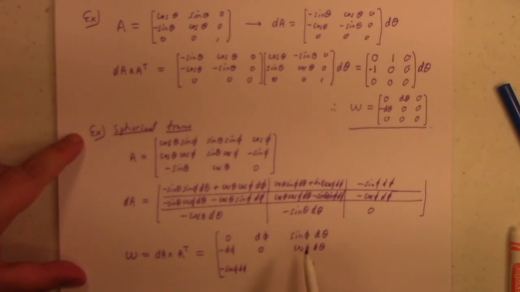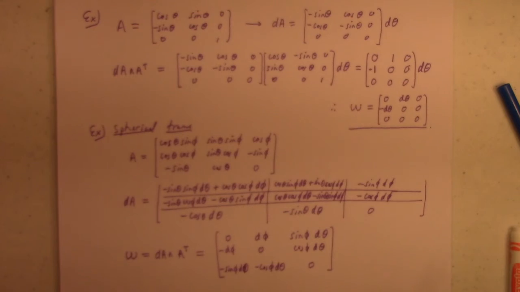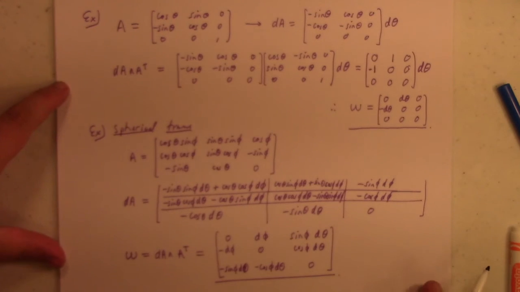Although that's a good check on your calculation. Oops, that's supposed to be theta. You should have antisymmetry of the connection form matrix, right? And so there it is. That's the connection form for the spherical frame.